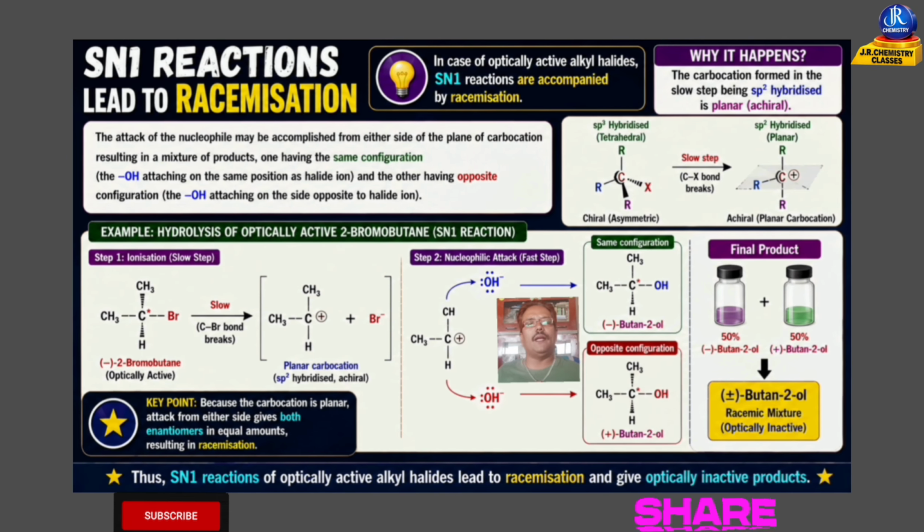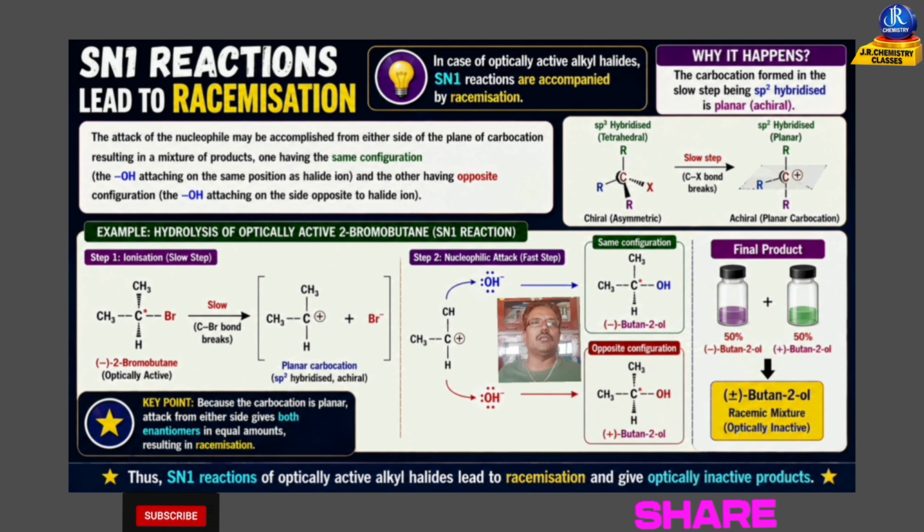In case of optically active alkyl halides, SN1 reactions are accompanied by racemization. Can you think of the reason why it happens? Actually, the carbocation formed in the slow step, being sp2 hybridized, is planar and achiral.